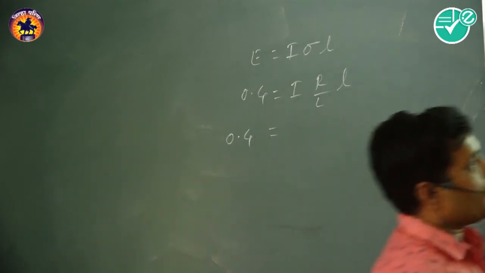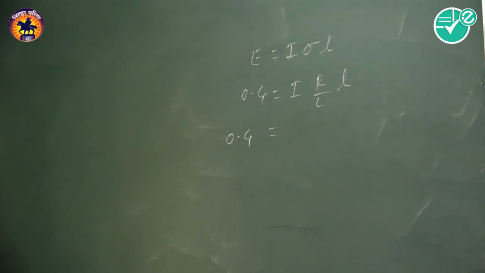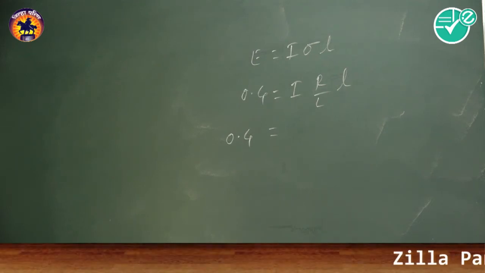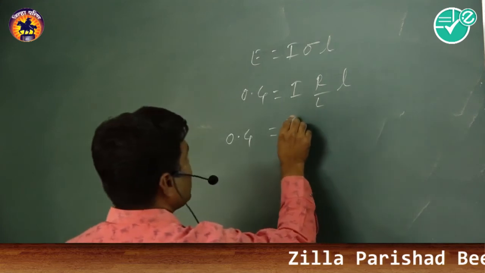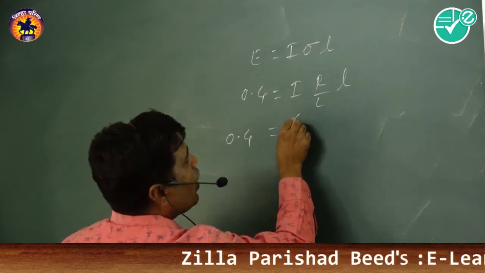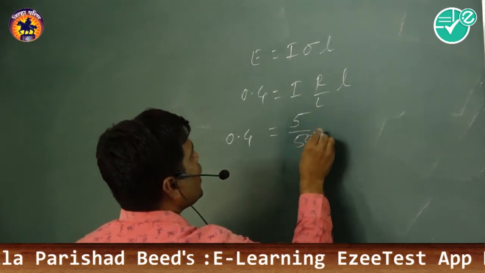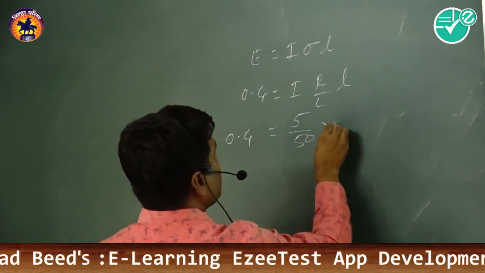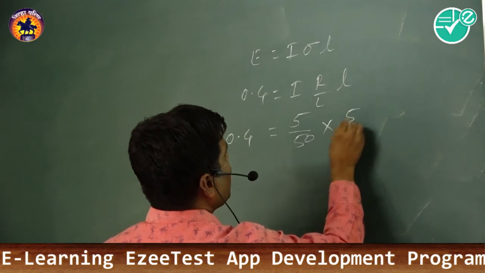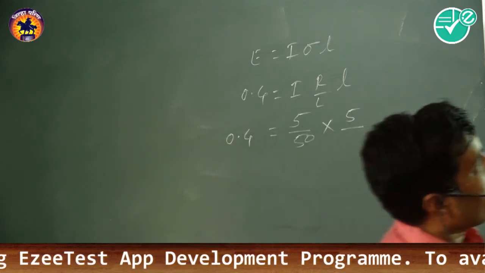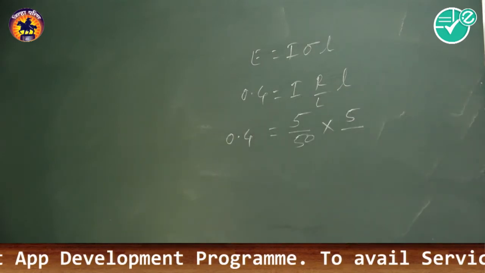So here the total voltage is 5 and the total resistance is this R having 45 and this wire having a resistance of 5 ohm. So 45 plus 5 means the total resistance. Here V is equal to 5 volt and the total resistance of the circuit is 50. The resistance of the wire is 5 and the length of the wire is 10 meter.